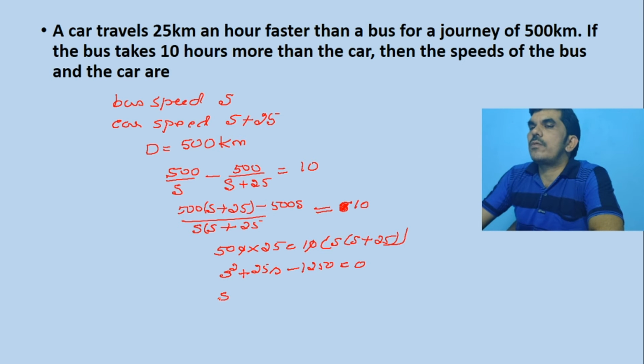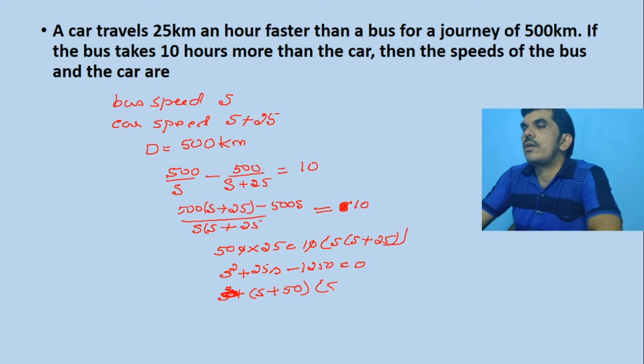So it becomes s square, factors are s plus 50, s minus 25. So you will get two answers, s is equal to minus 50 and plus 25.